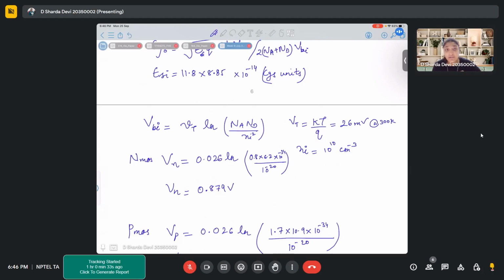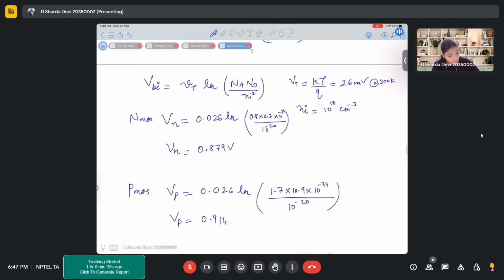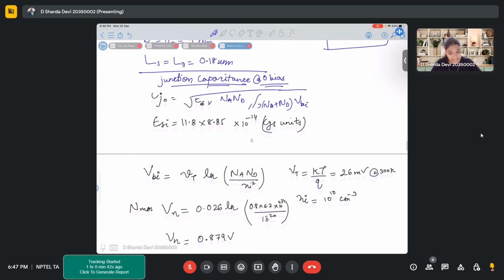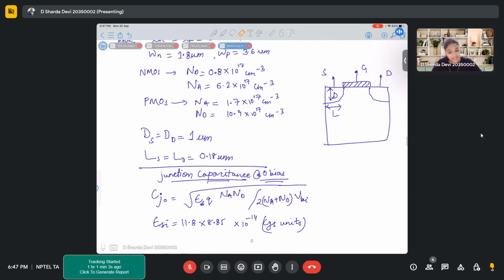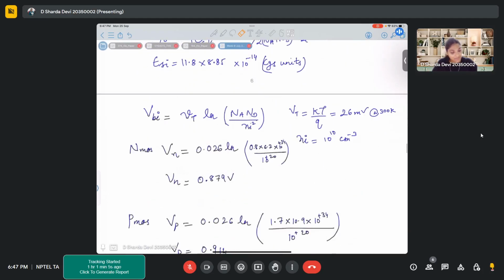Ni square is 10 to the power 20. It will be plus 17, plus 17, right? Yes, it will be plus. The concentration is positive, 10 to the power plus 17 and 10 to the power plus 10.